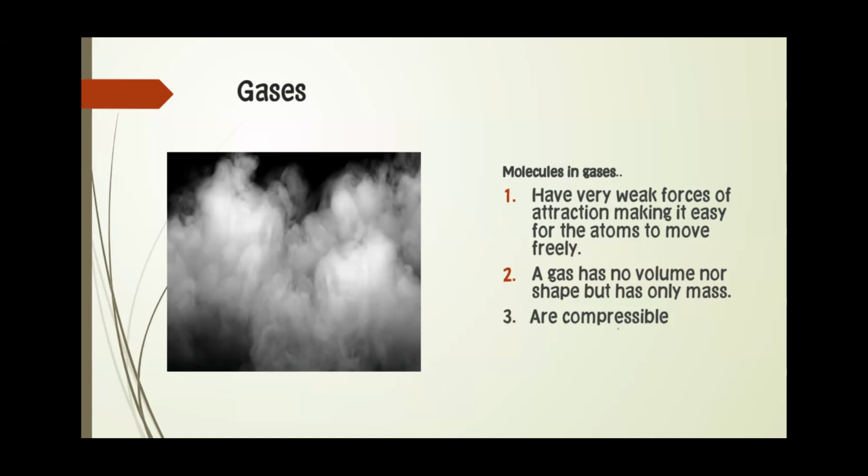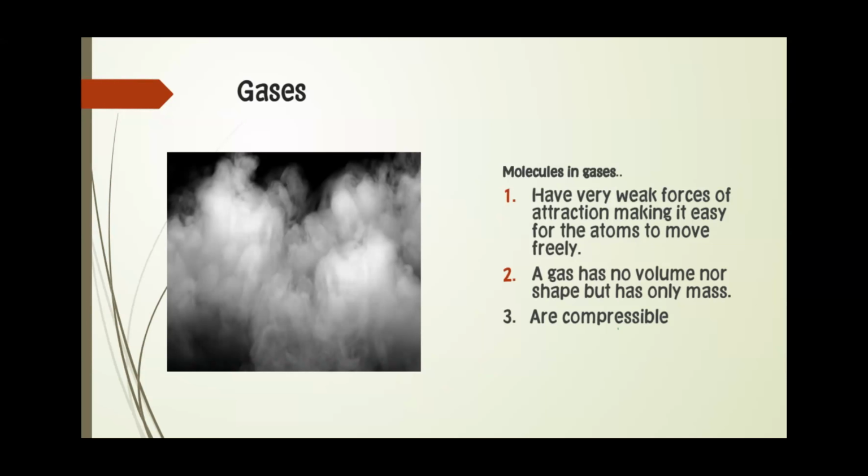So there is no definite volume for gas, there is no shape for gas, but gas can have mass because it is a state of matter, it has a weight. And therefore, you'll find out that these gases are compressible. They can be compressed.